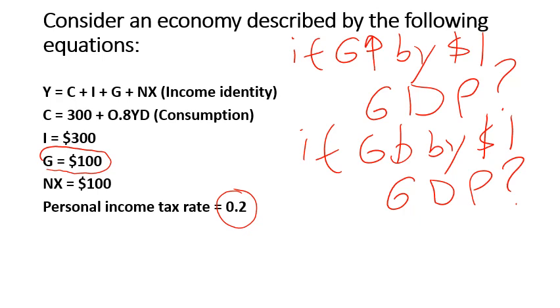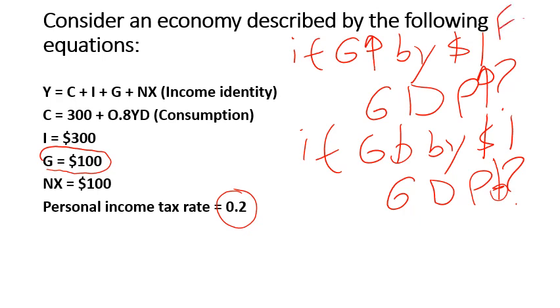We do know that if government spending goes up by $1, GDP will go up. We also know that if government spending goes down by $1, GDP will go down. But if we did not know any better, we would make the assumption, which is false, that if government spending goes up by $1, GDP will also go up by $1.